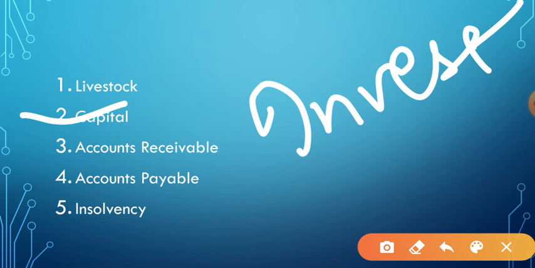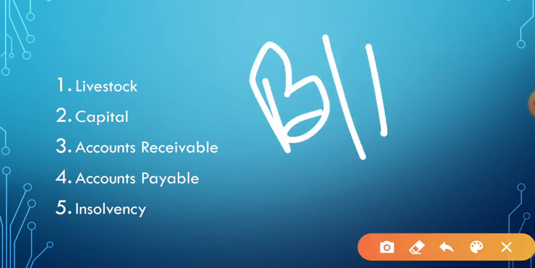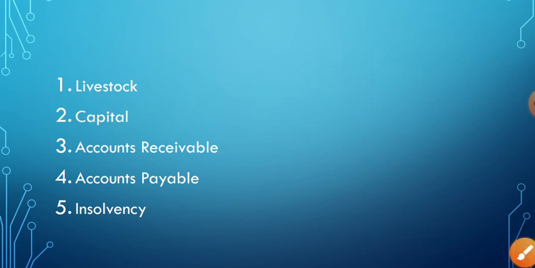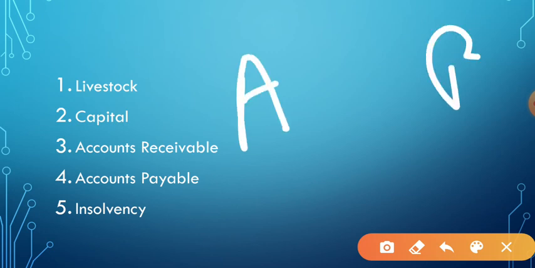Account receivable. Now what is account receivable? Account receivable is also called bill receivable, which is shortly written as BR. Suppose, now come back to the example of debtor and creditor which I have given, Mr. A and Mr. B. Now Mr. B is a customer.